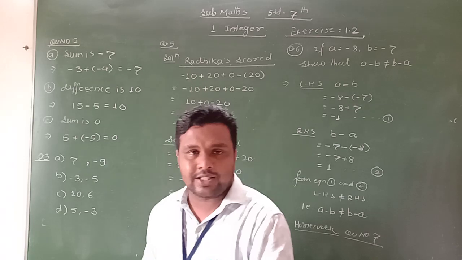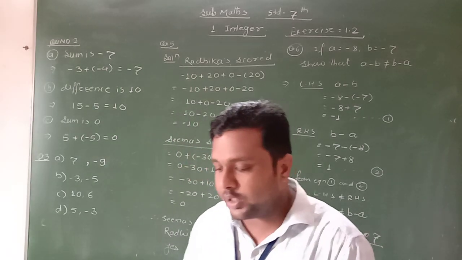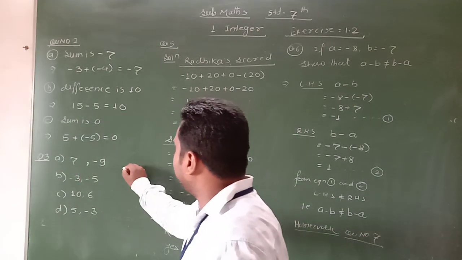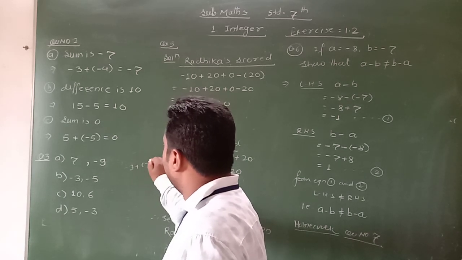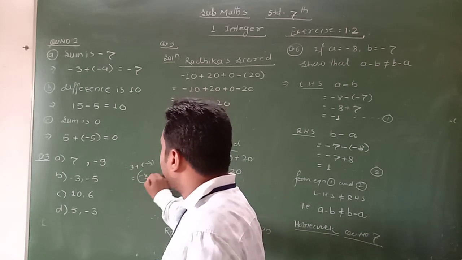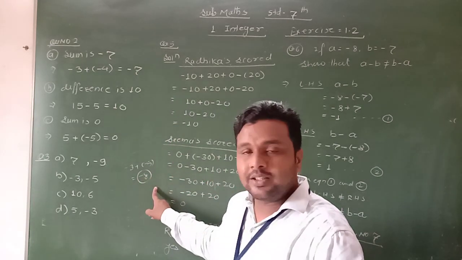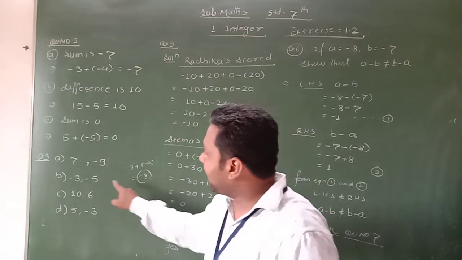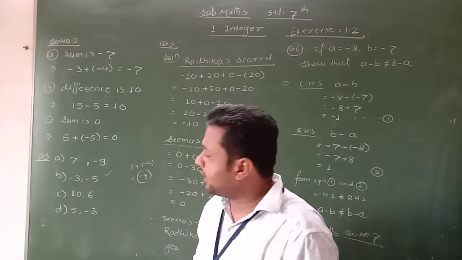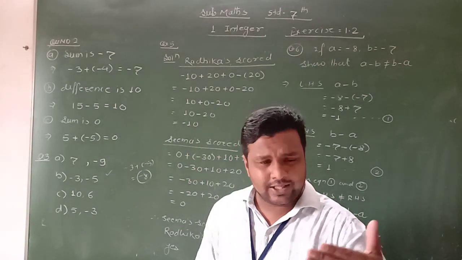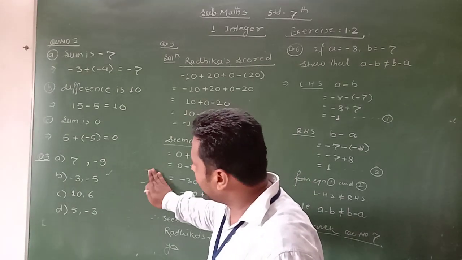If we add minus 3 and minus 5, what is the answer? Minus 8. And minus 8 is smaller than minus 3 and minus 5. This means the required numbers here are minus 3 and minus 5. In this way you can take other integers also.